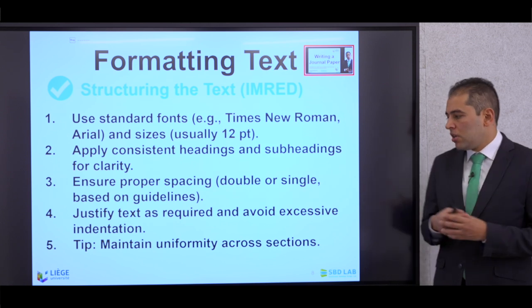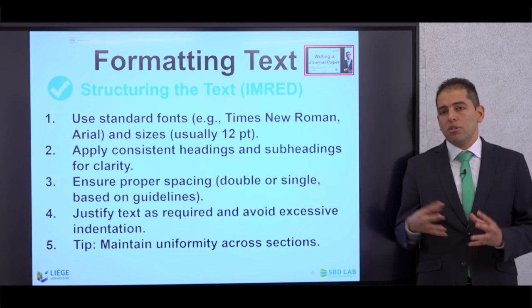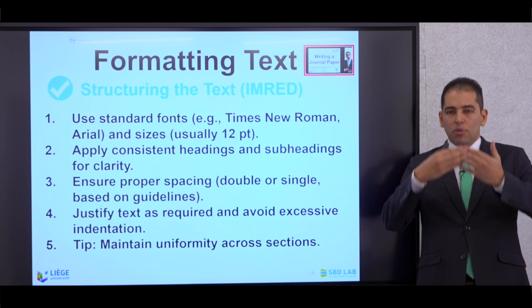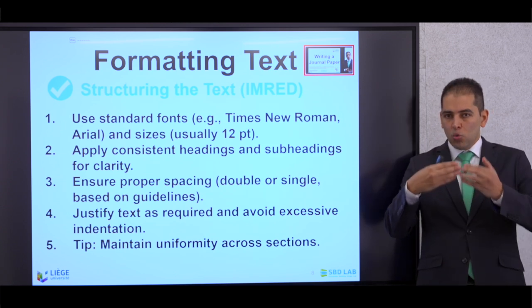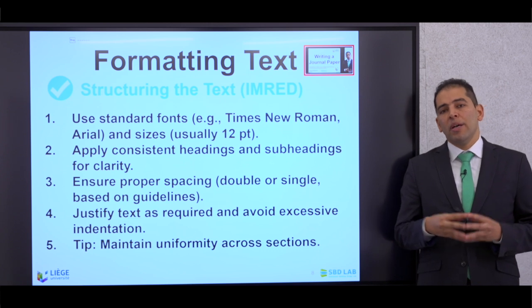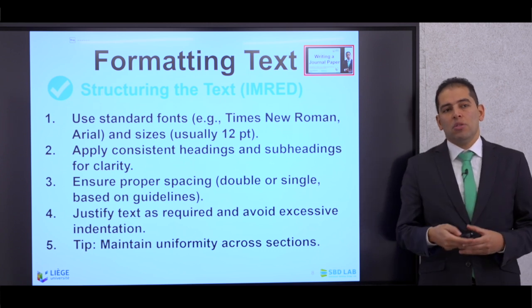And a tip in general, maintain uniformity across the sections. The most important thing is that the whole manuscript, from the abstract till the conclusion and the acknowledgement, is well uniform, and you are using the same style, the same spacing, the same font, and so on.